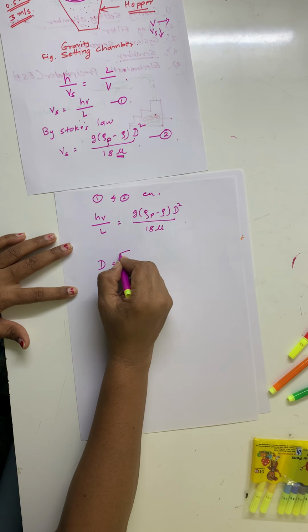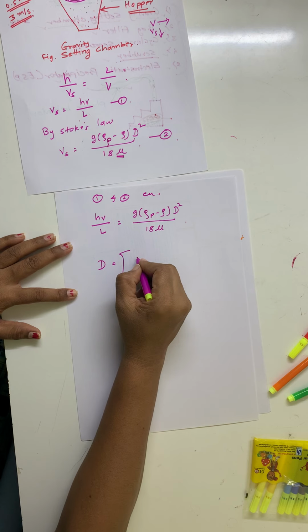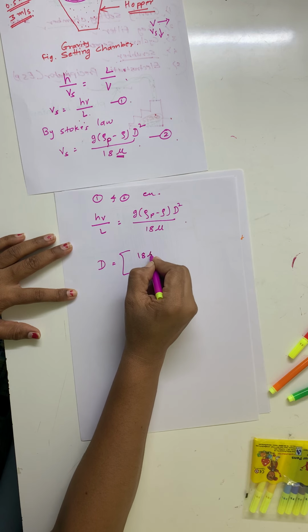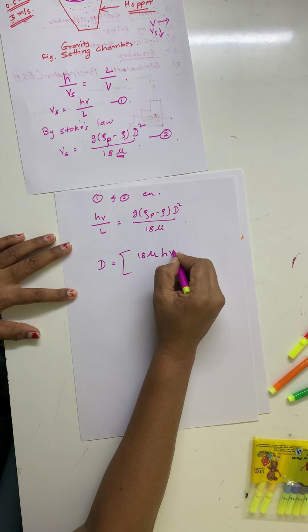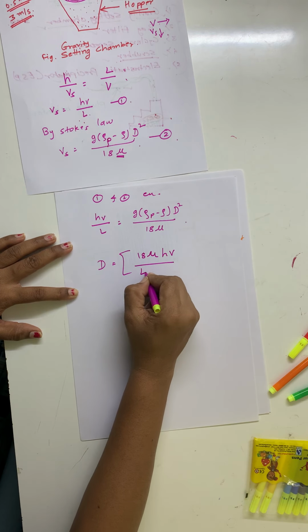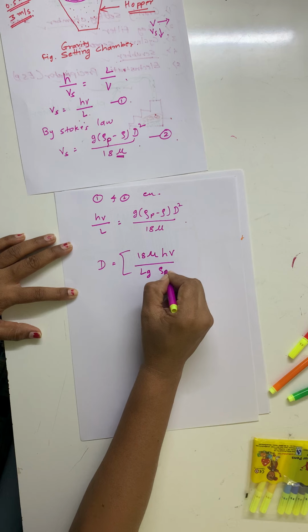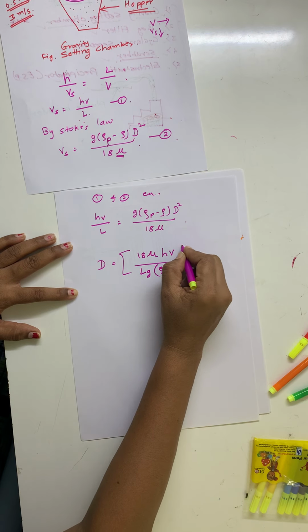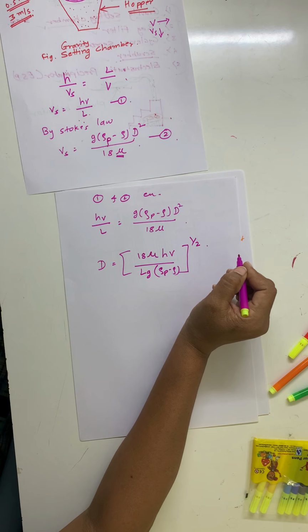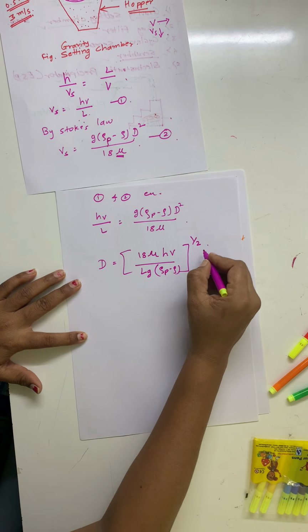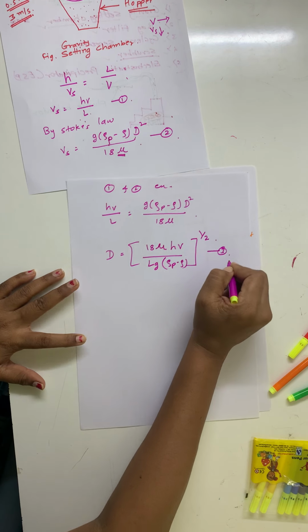I will write the simplified equation directly: D equals 18 mu into H into V upon L g into rho P minus rho, brackets raised to 1 by 2. That is the third equation.